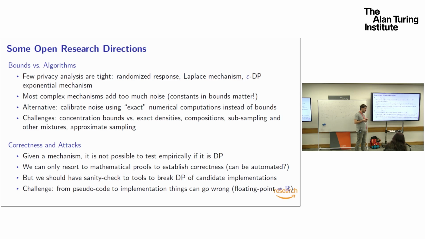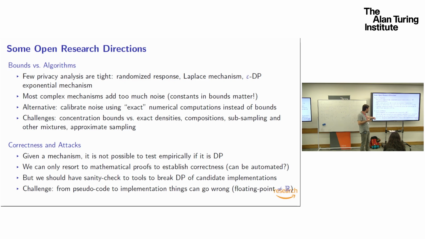But it's also different what the guarantee means when your output is a vector of parameters of a logistic regression versus when the output is the average of the salaries of people in a data set. So if we come up with attacks for DP, that will help us better understand what epsilon means in different applications, and will also help us find potential flaws in DP implementations.